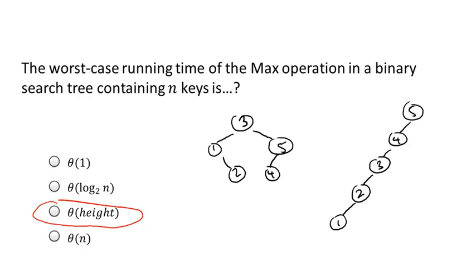So what does the max operation do? Well, you start at the root and you just follow right child pointers until you run out of them, until you hit null. So the running time is going to be no worse than the longest such path. It's a particular path from the root to essentially a leaf. So it's never going to have running time more than the height of the tree. On the other hand, for all you know, the path from the root to the maximum key might well be the longest one in the tree.